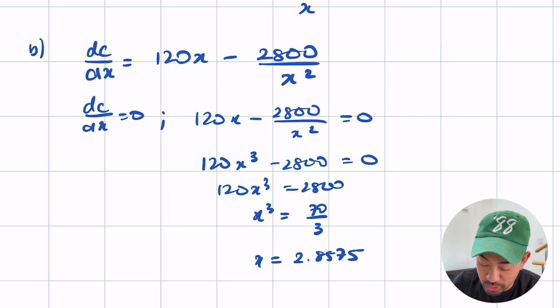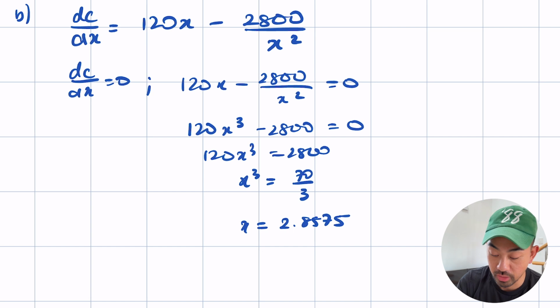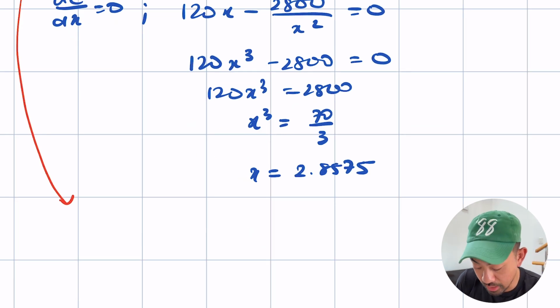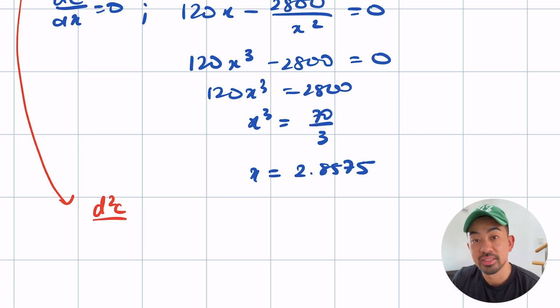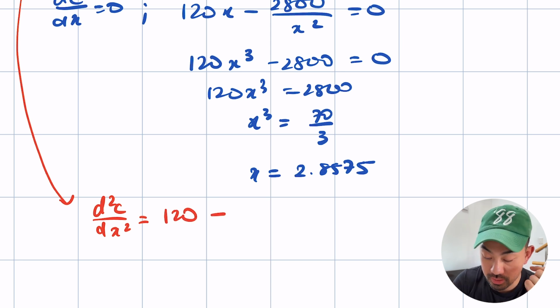But what we got to do, right, we got to show that it's going to be a minimum. So what we need to do is solve for the second derivative. Okay, so we need to differentiate this again, dC/dx. So d squared C over dx squared will be 120 minus, so think about this, this will be 2,800x to the minus 2.